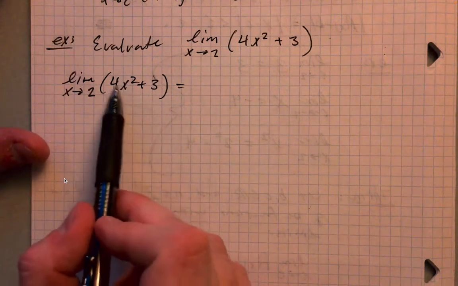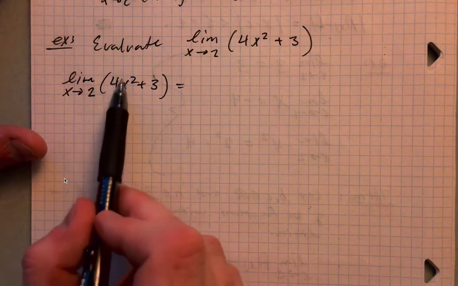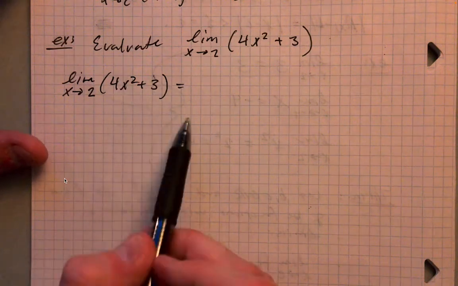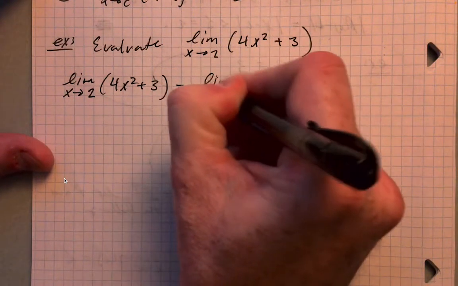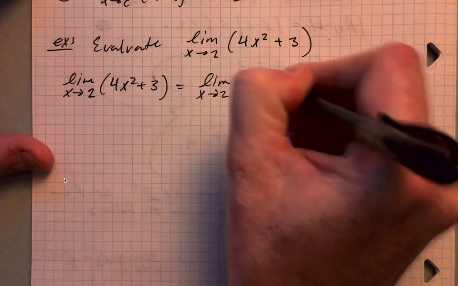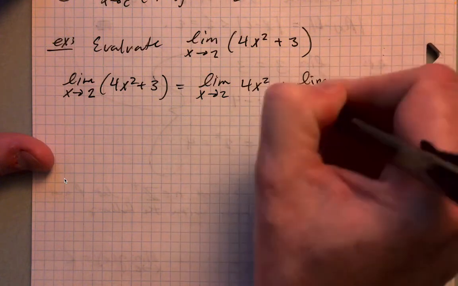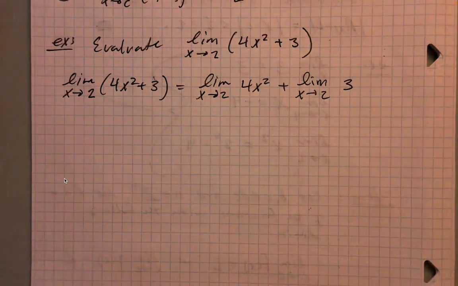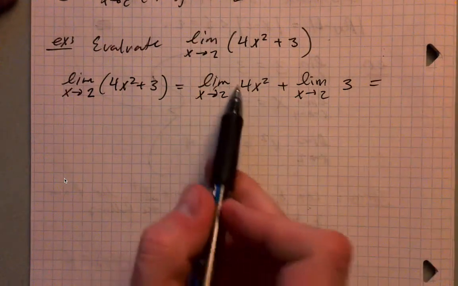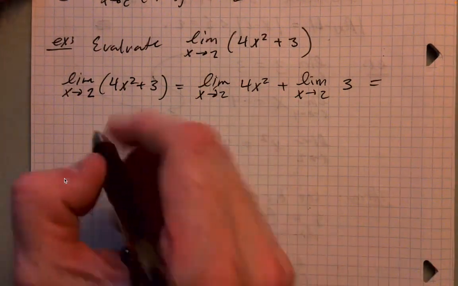We know that there's a definite limit here and a definite limit there. We can break these two apart into this. And further, we can break this piece of it apart here as well.